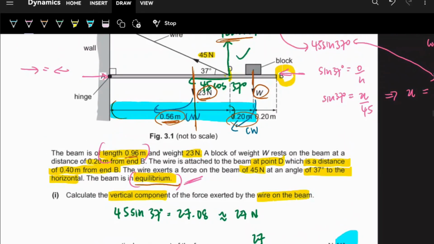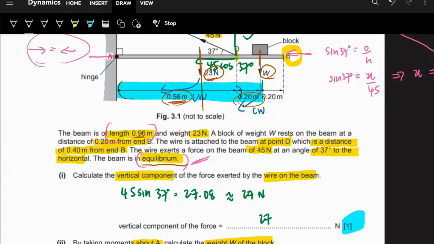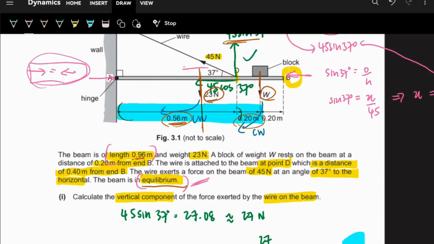If it's not in equilibrium, you cannot deduce this conclusion. I'm saying this because it's in equilibrium. So since it's in equilibrium, left and right forces will give you the same. So what are the forces acting in this direction? If you see, we have a force here. 45 cos 37. That is our horizontal force. There's no other horizontal force here, right?